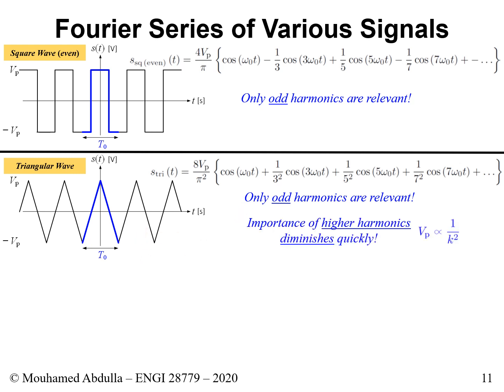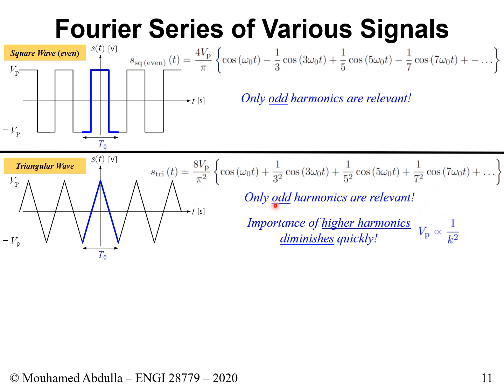The other thing that we observe, and this is important, is the importance of higher harmonics. As the harmonics go up, 7, 9, 11, 13, 15, 17, the value of the power diminishes, right?